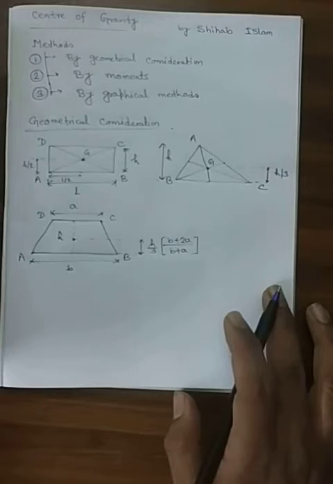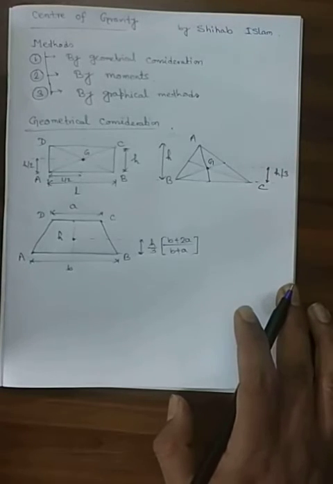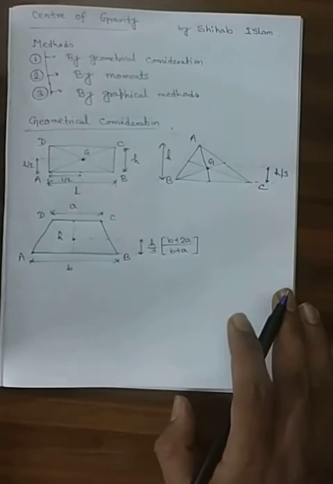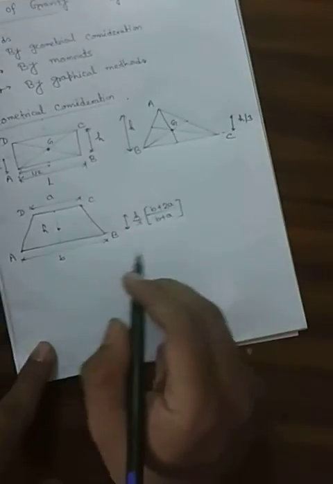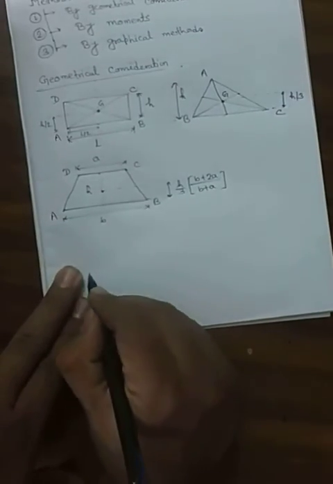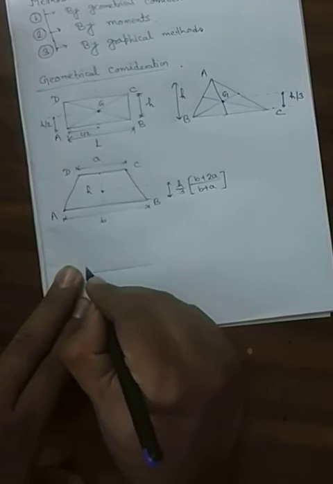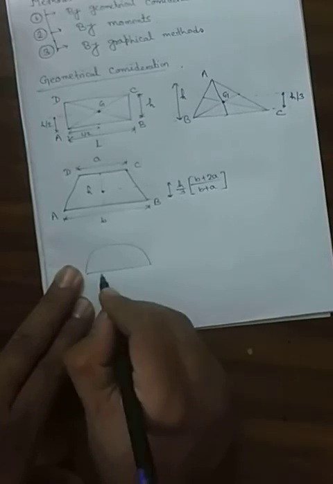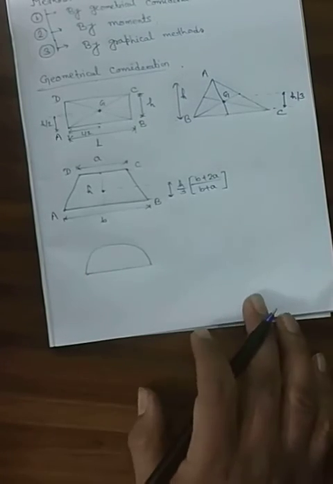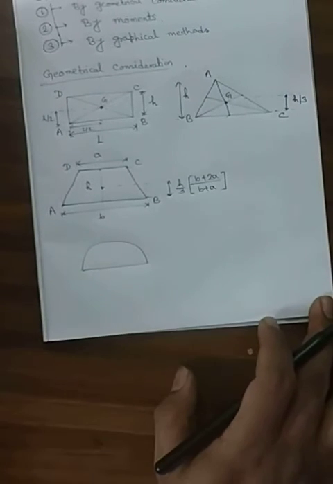Next, take a semicircle. I am taking a semicircle. A semicircle is like a half circle. This is a semicircle.